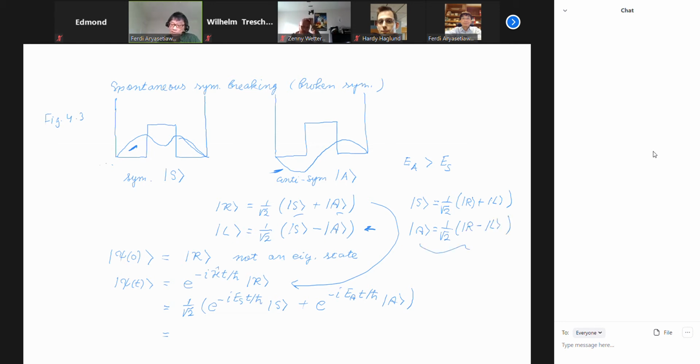So if I use it here, then a little algebra gives me this result here. I skip that step. It's quite straightforward. Then it becomes cosine omega t R plus i sine omega t L.